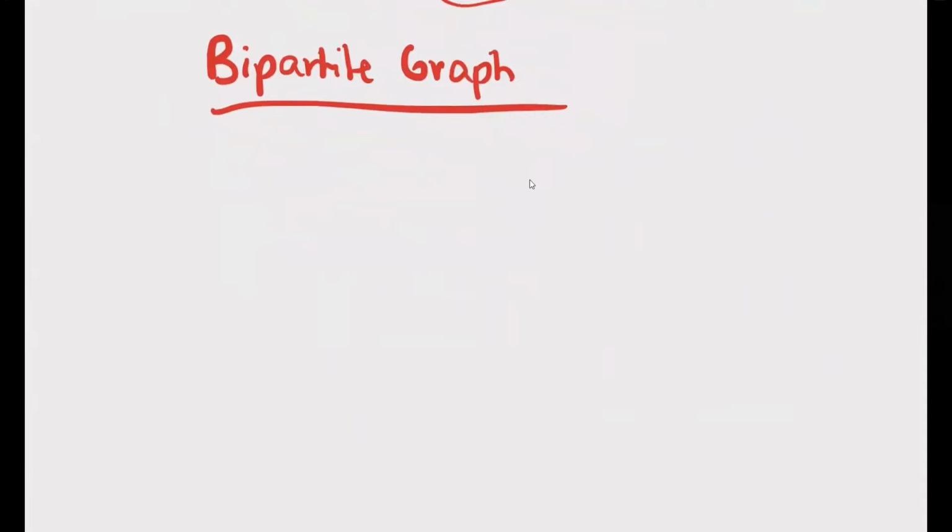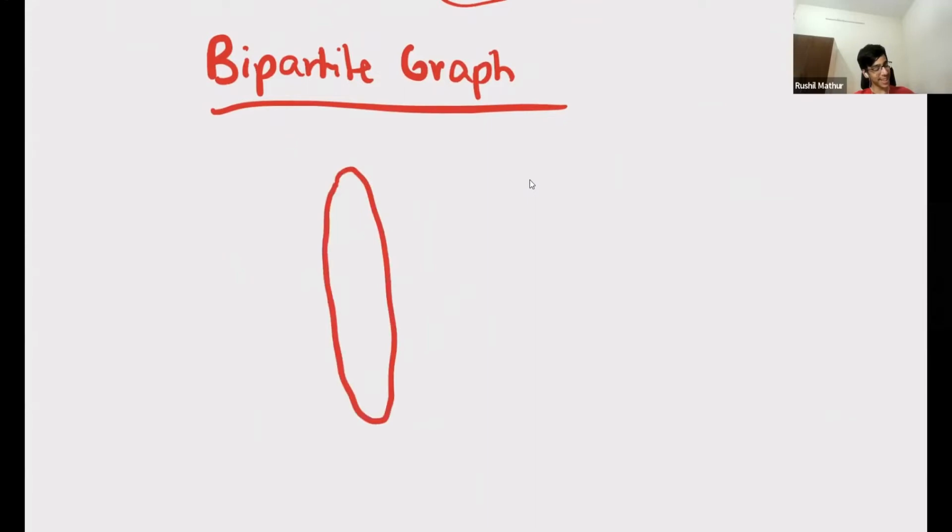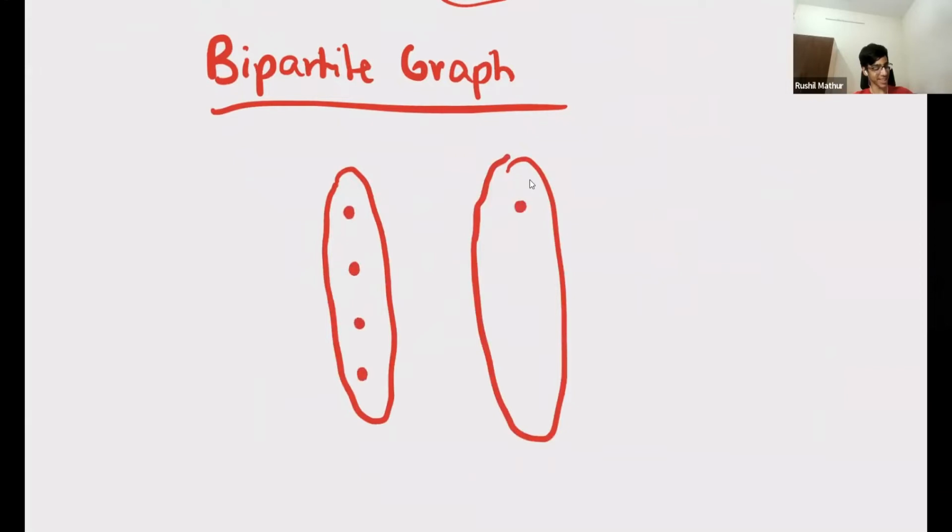Okay. So basically, a bipartite graph is a graph where I have these normal vertices, except I've split these vertices into two parts. And the interesting thing is that within this part, this yellow part, there will be no edge. So I cannot have an edge like this.